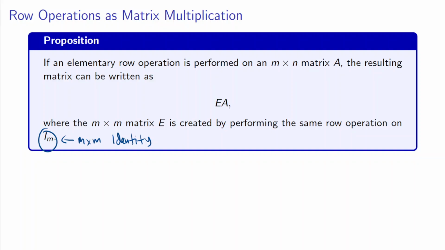I'll just make up a matrix A here: 1, 2, 4, 0, negative 1, 3, 2, 1, 1. Okay, so there's a matrix A, and this says that I can perform an elementary row operation on A by thinking of it as a matrix multiplication by an elementary matrix.